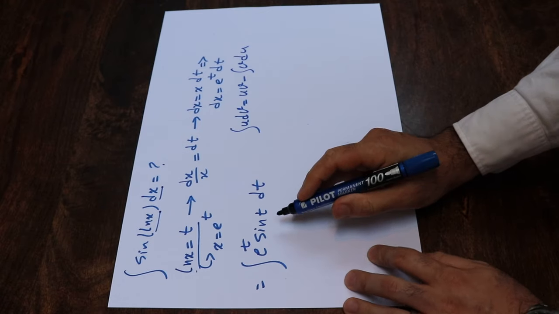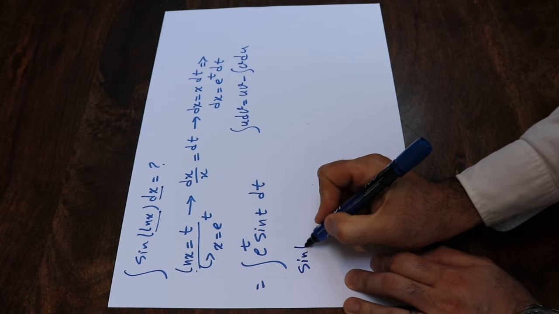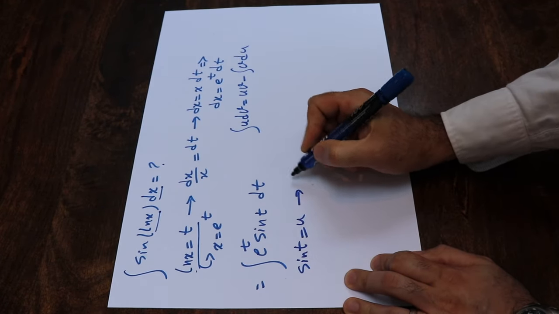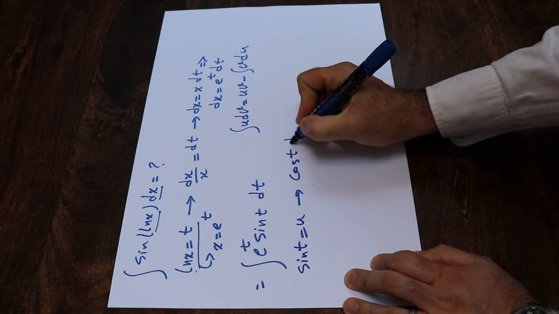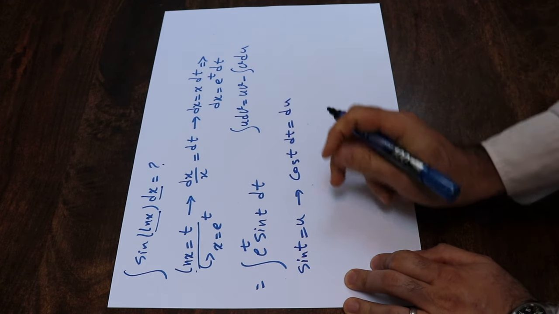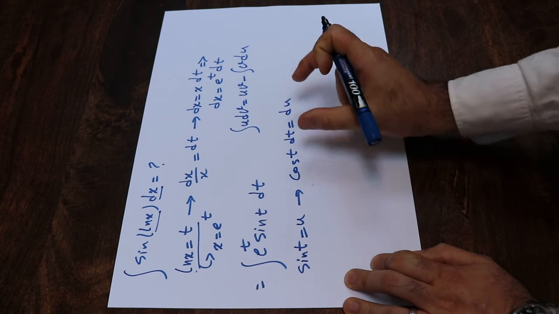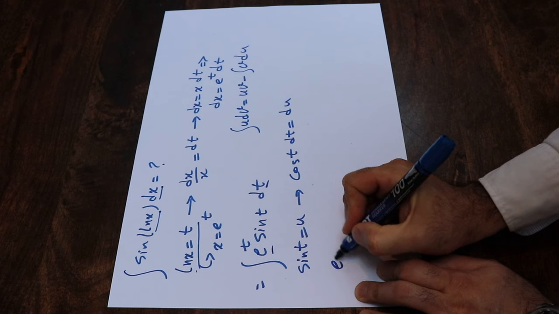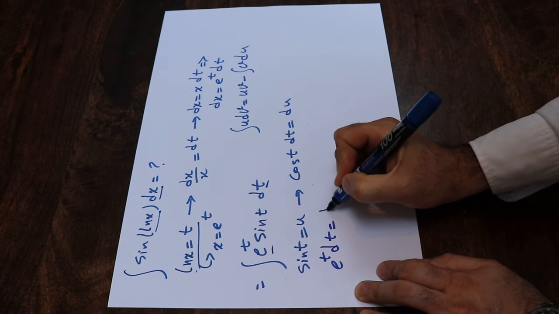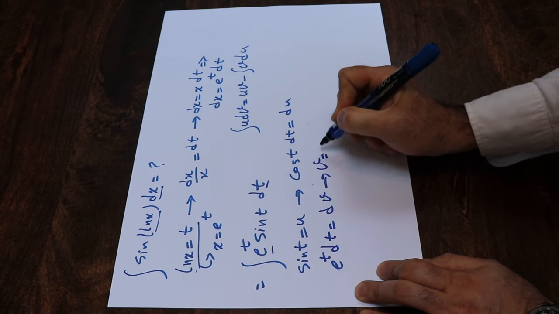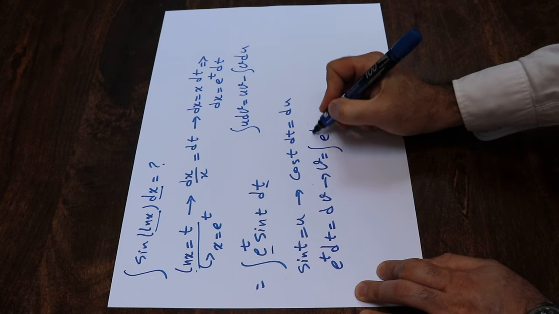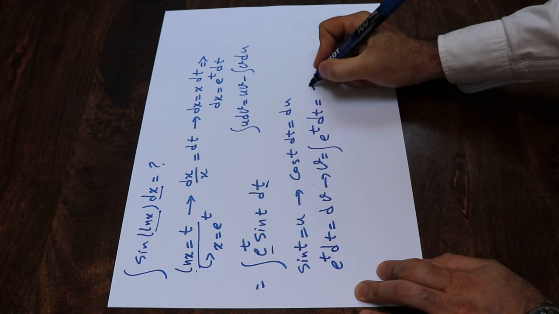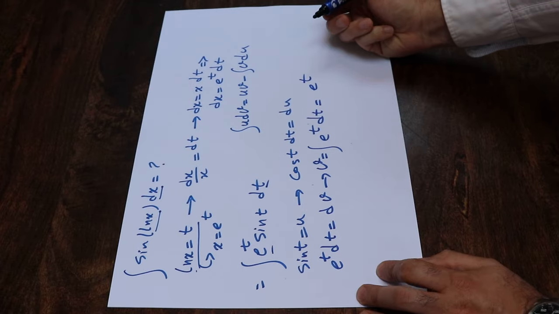Here, if I define sine t as u, you can conclude that cosine t dt is equal to du. If you take the derivative of each side of this equation, you get this one. Then let's define e^t dt as dv. Therefore v will be equal to the integral of e^t dt, which is e^t.